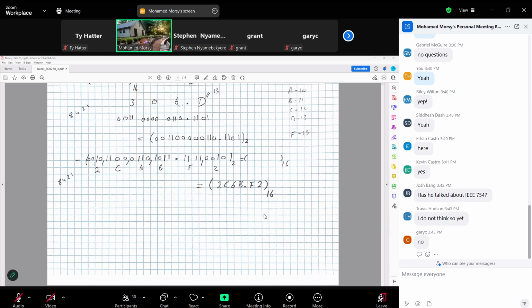If we have this binary fraction and we need to convert it to hexadecimal, again, divide this binary into groups after this point, each group 4 bits.